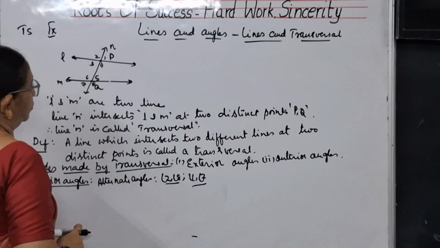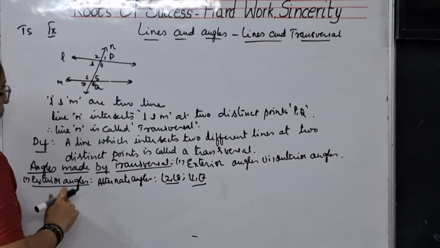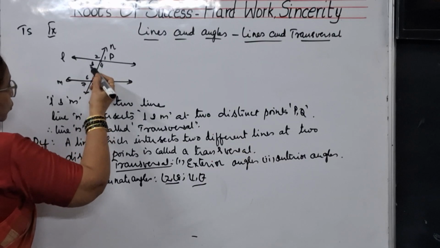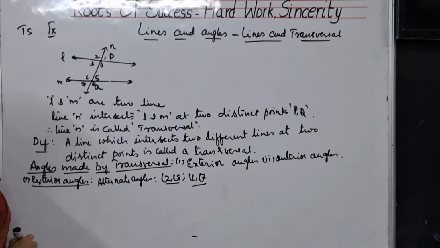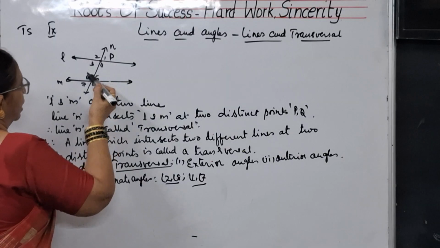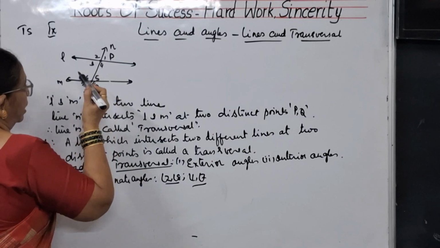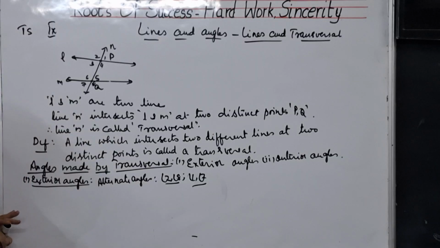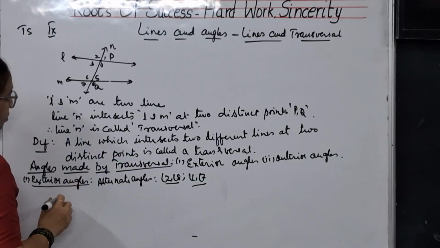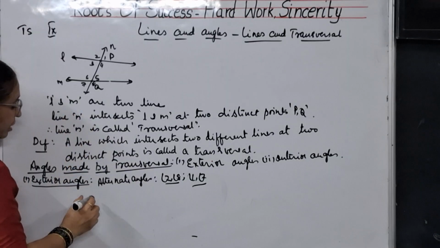And then angle 2 and angle 7. What are these? These are exterior angles on the same side of transversal.